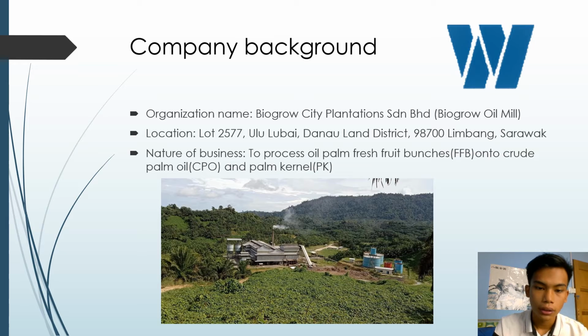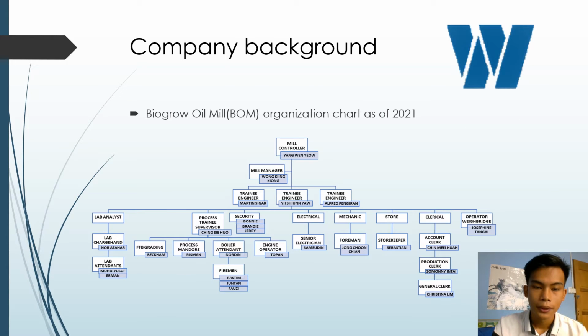The main activity for this company is to process oil palm fresh fruit bunches (FFB) into crude palm oil (CPO) and palm kernel. So this is the Agro Oil Mill organization chart of 2021.